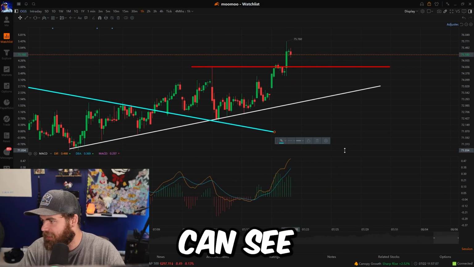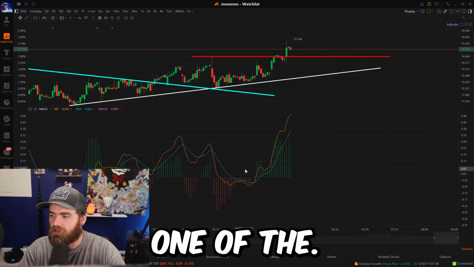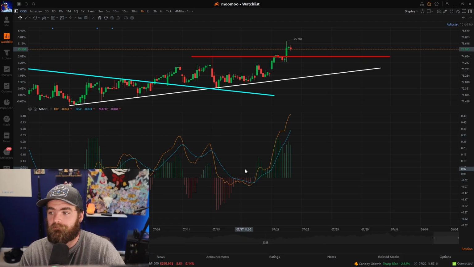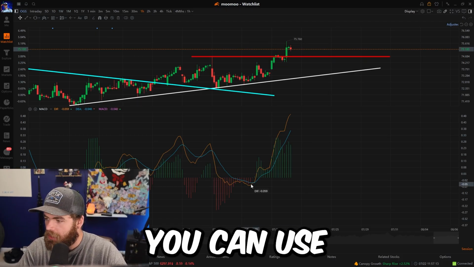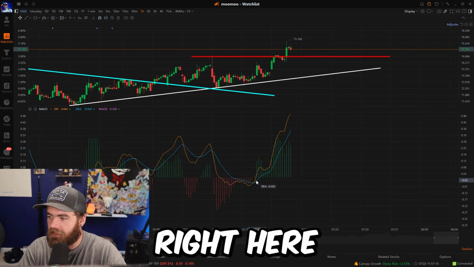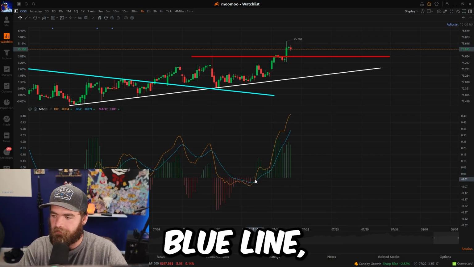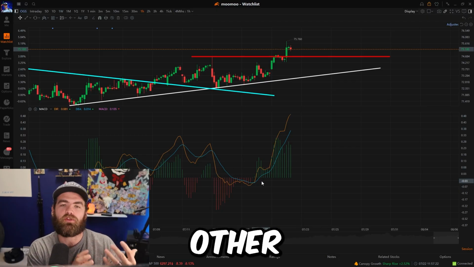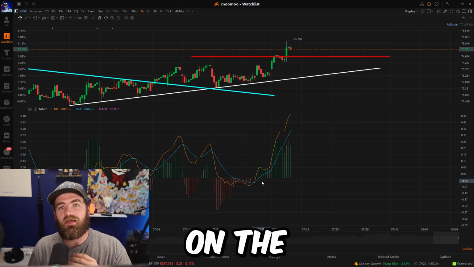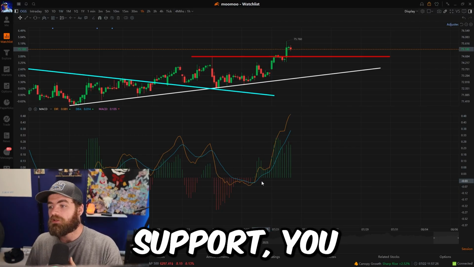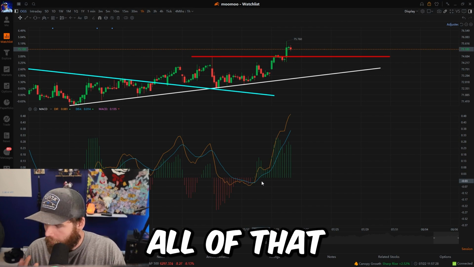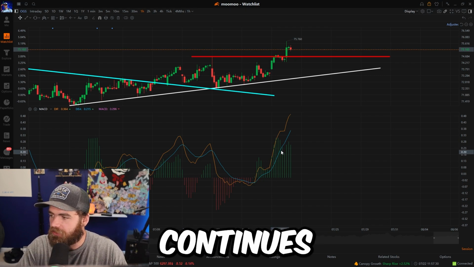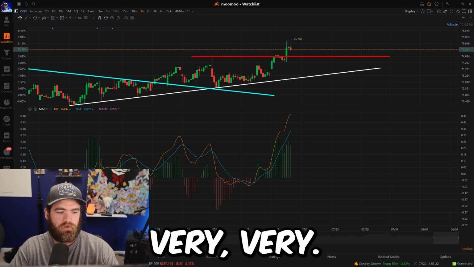But you guys can see here the MACD is probably one of the best entry point indicators you can use, because we had that orange line break up through that blue line, which historically represents a good entry point, especially when you have all the other conditions like an upward trend on the daily, support, breakouts, all of that, all in one place here. And now as it continues to rally its way up, it's performing very, very well.